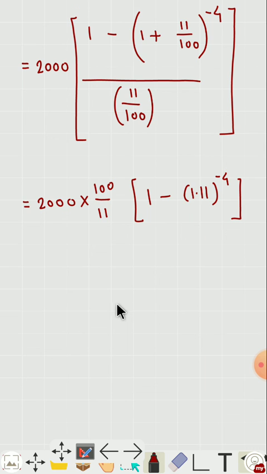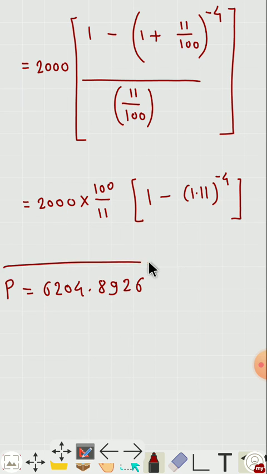Once we calculate this value, we can easily calculate the value of the whole expression. So P is equal to 6204.8926. This is the present value of the annuity in the given example. Just try to solve this and you will get this answer very easily.